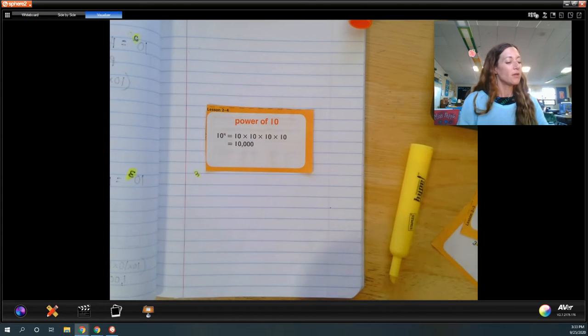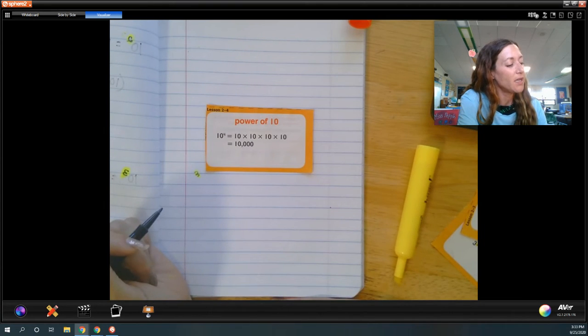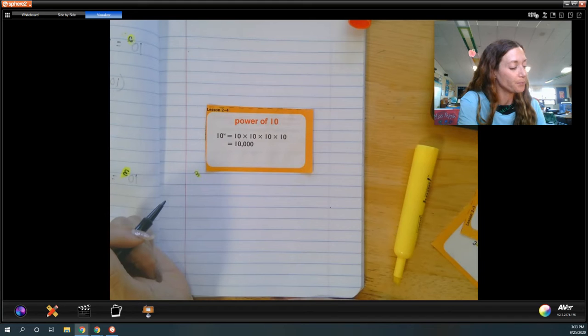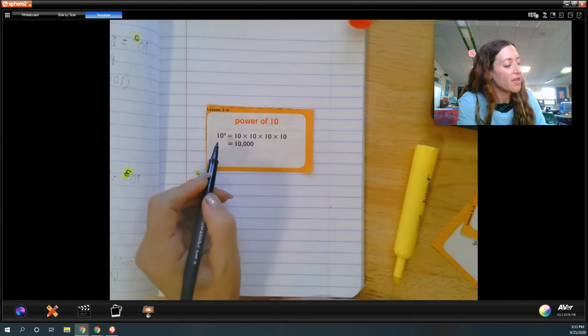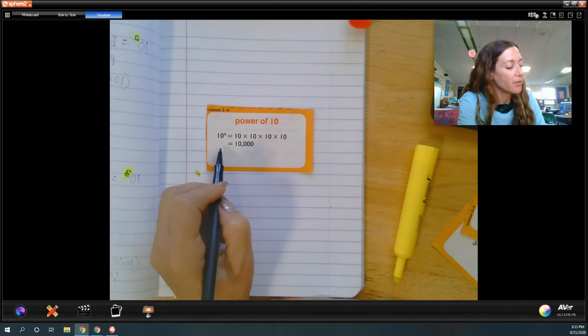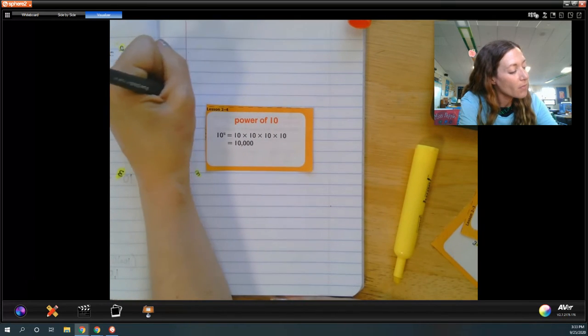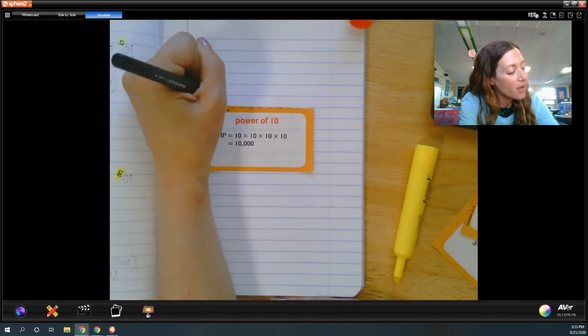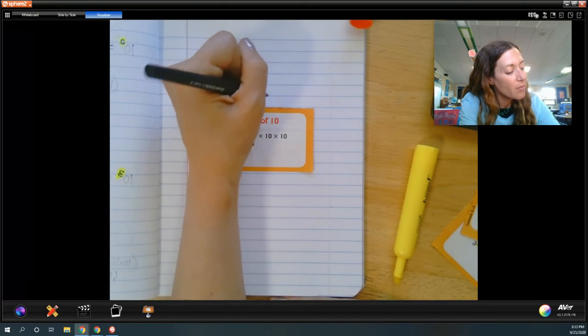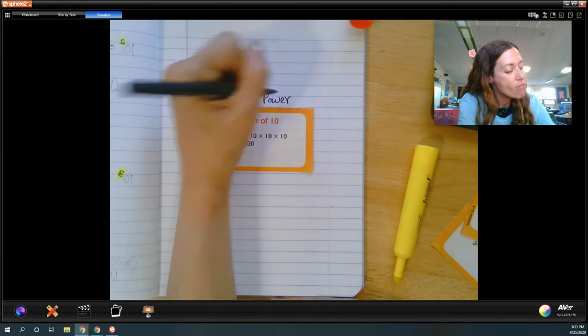I'm going to give you an example of 10 in exponential form. Powers of 10, this is what they say, 10 to the 4th power. So this is considered 10 to the 4th power.